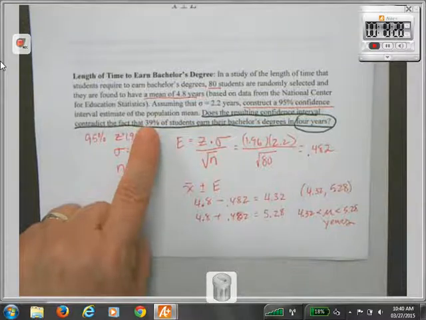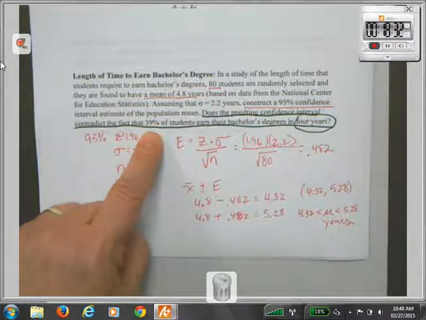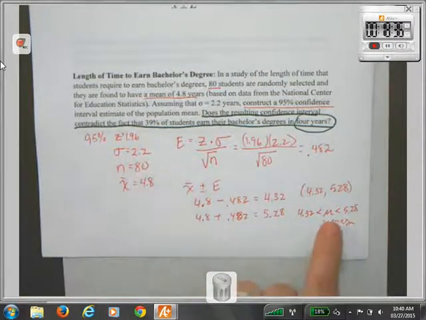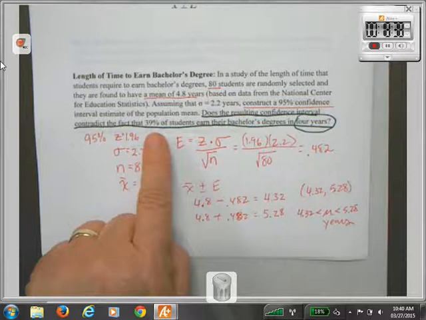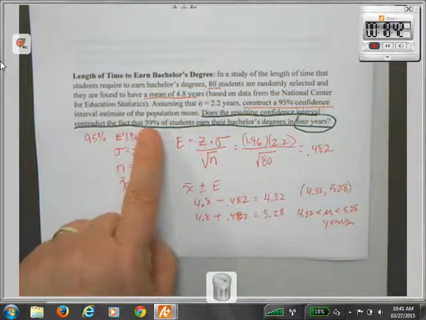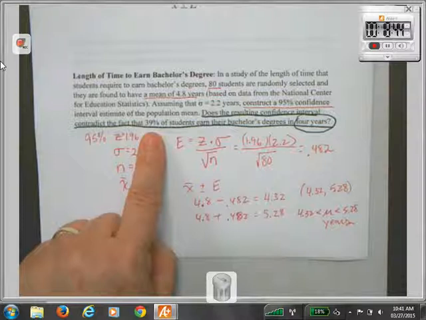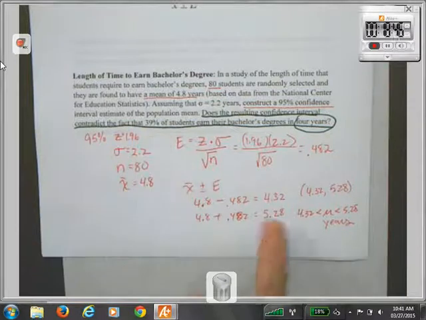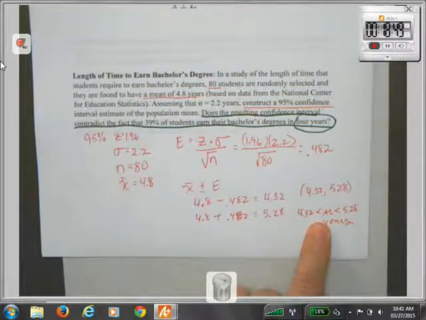Okay, since this is less than half, since this is considerably less than probably what it should be, then I'm saying that this interval supports this fact, because really very few students actually get their degree in that 4 years, and this interval is saying, yeah, it's more than 4 years.